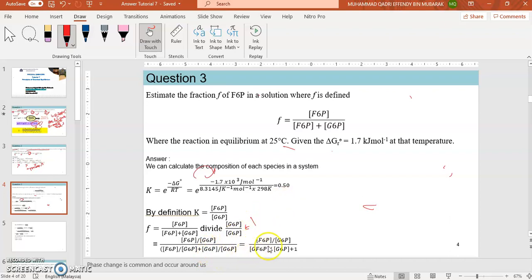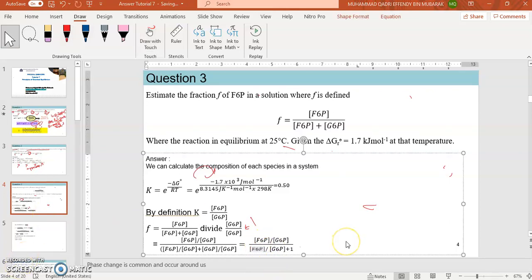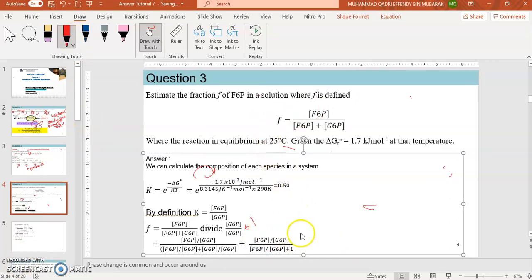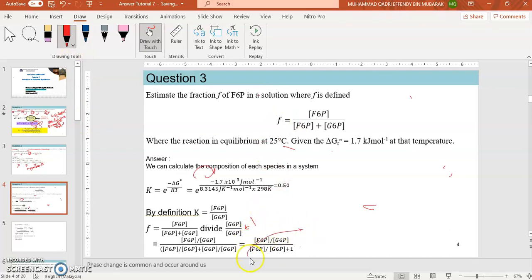And G6P over G6P equals 1. So here we will get this number. We need to be smart in how we use this relationship.